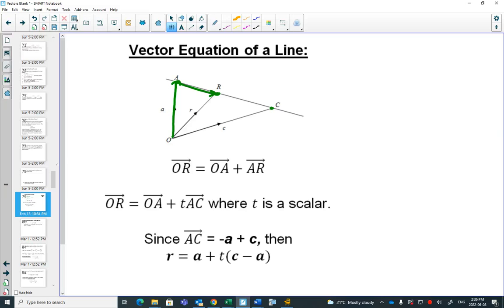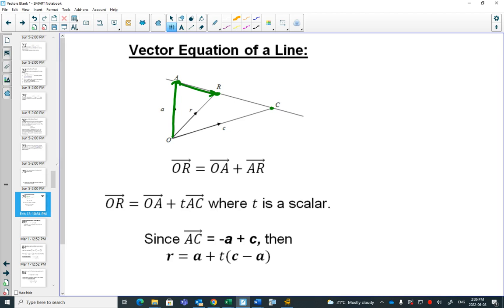That's our regular vectors. And OR could also be seen as going from OA and then some scalar or some proportion of going from A to C.